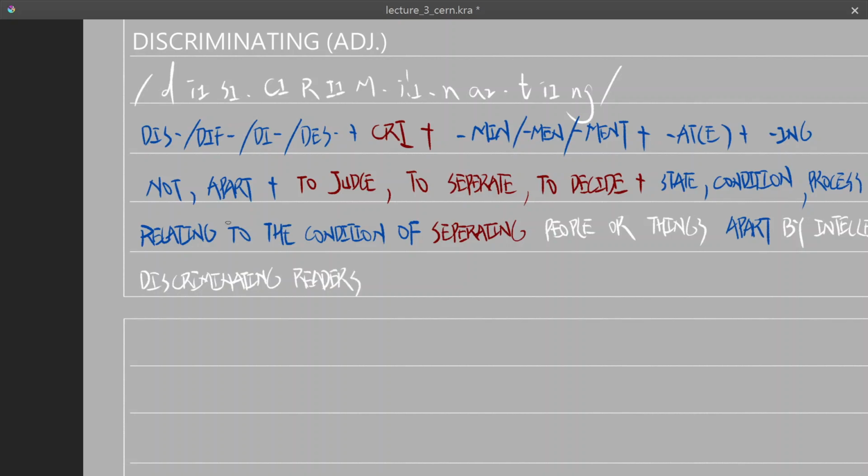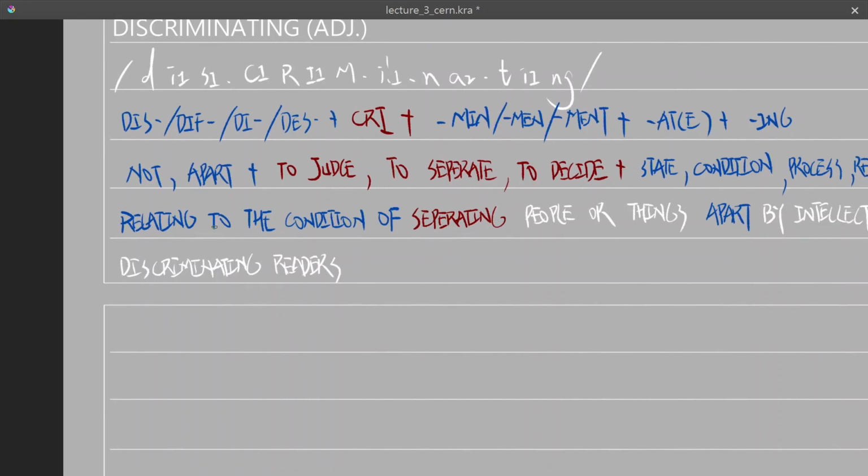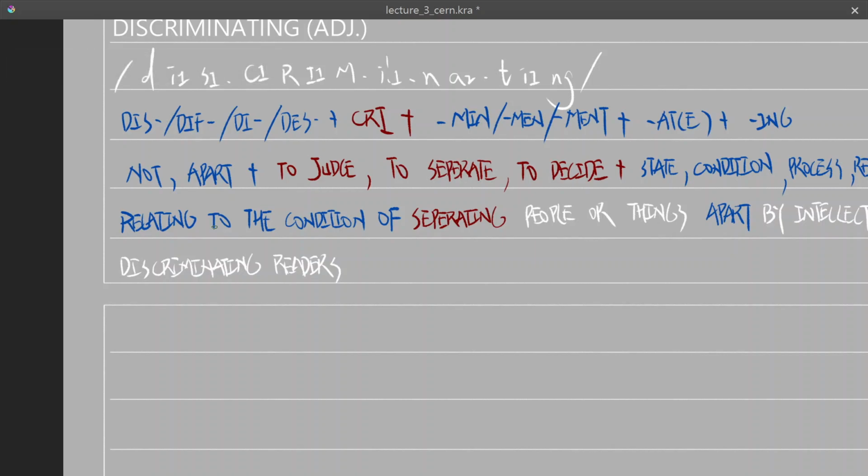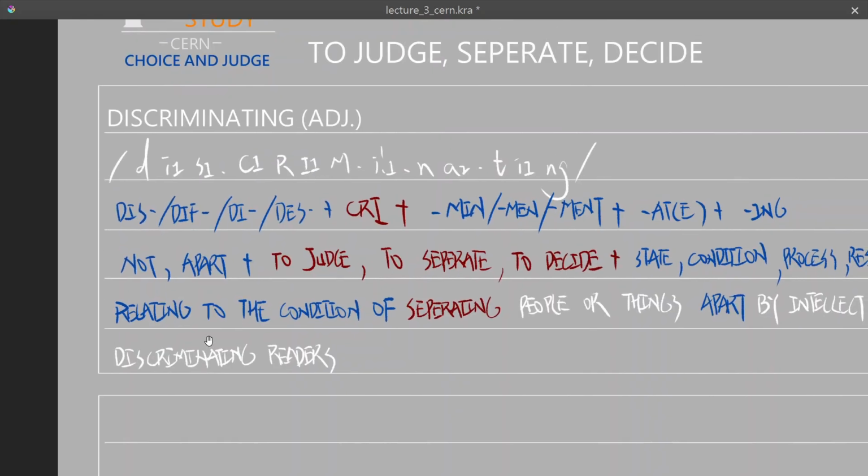It means readers that can differentiate how good or bad opinions are across the internet or the general public. So discriminating readers don't simply obey or accept everything they read. They criticize. They are very critical of the things they read. So discriminating readers. Okay.